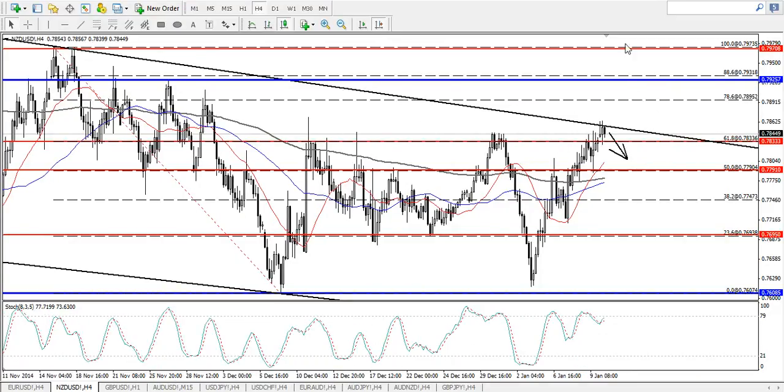So these are the three levels that we are looking for. If price were to get resisted and starts falling, we are waiting for price to hit the first level at 0.7693. Finally, the previous low, or the final exhaustion level, at the price of 0.7608.